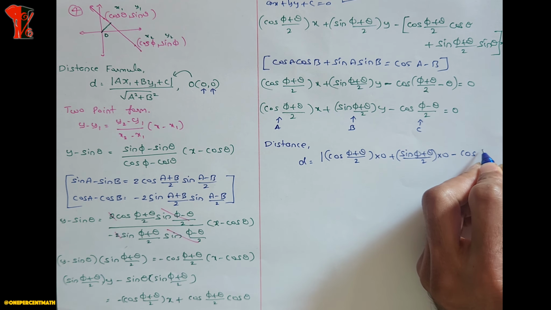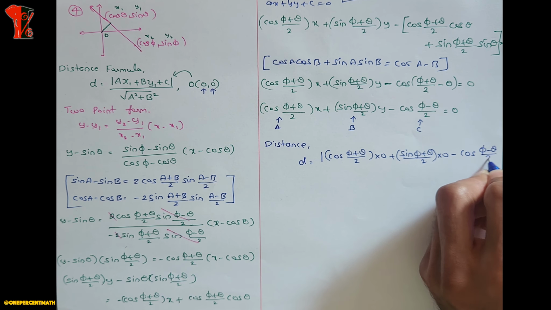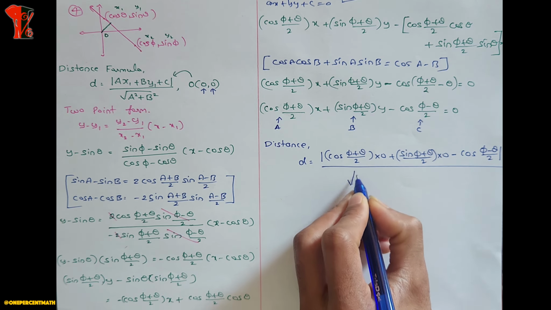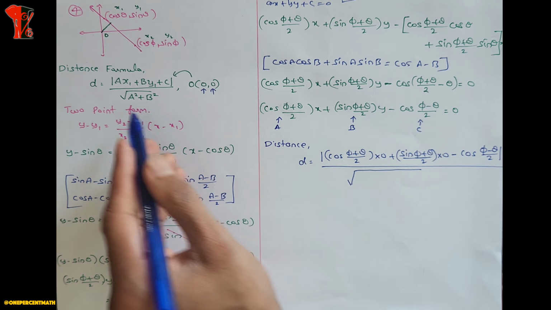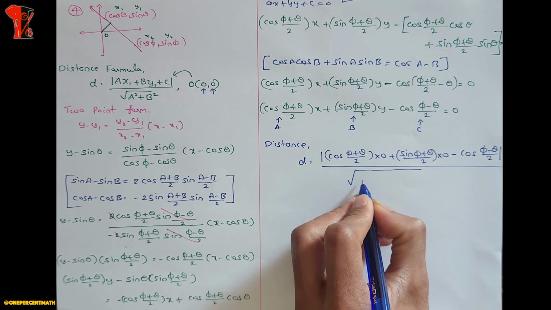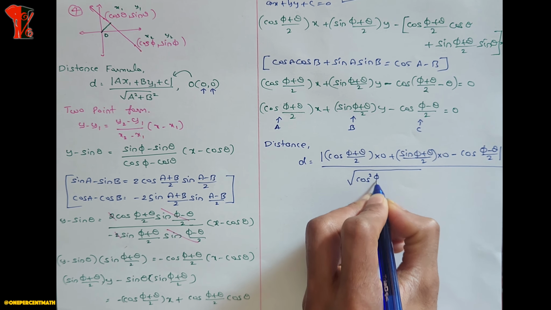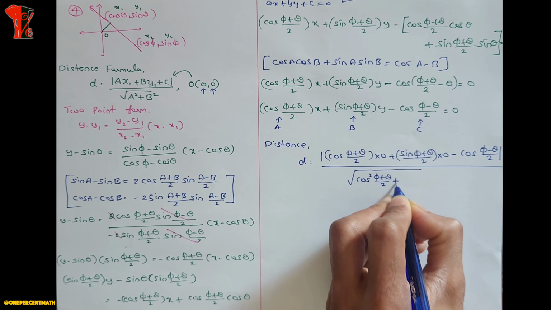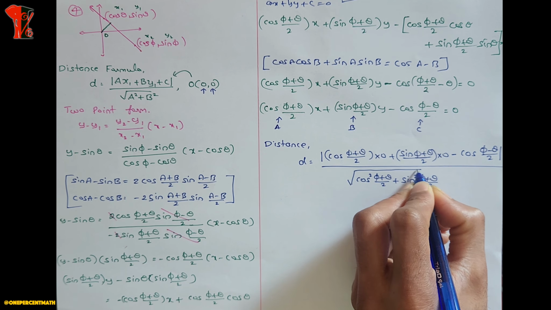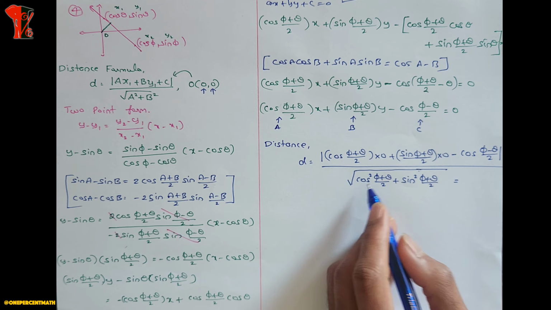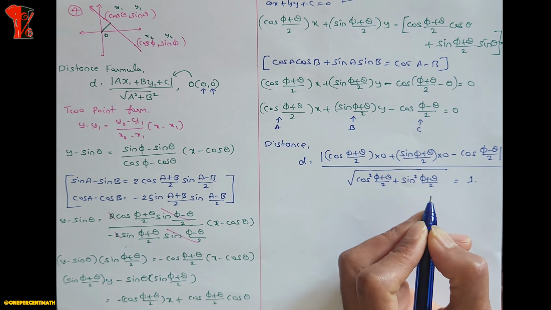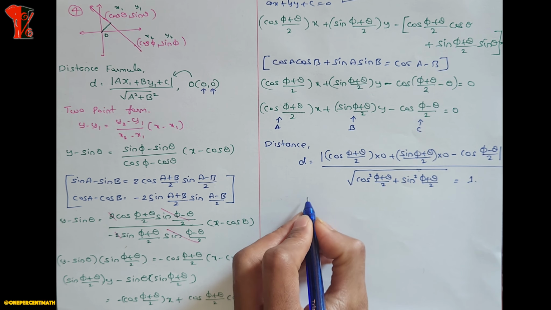C is this, which is cos((phi minus theta)/2), modulus, and denominator will be root of A square and B square, right? A square is what? Cos square((phi plus theta)/2) plus sin square((phi plus theta)/2). So we know that it is sin square theta plus cos square theta, the first identity, which is going to be equal to 1. Okay, we are going to replace this as 1. The next step.